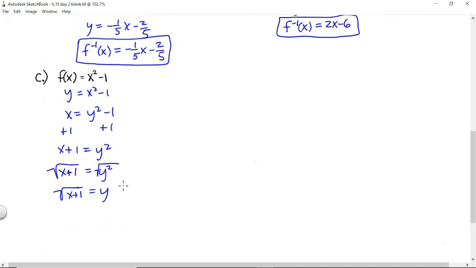In this case, it's y. So that's it. And we'll go ahead and turn this around. Put y on the left. And replace y with f inverse of x.